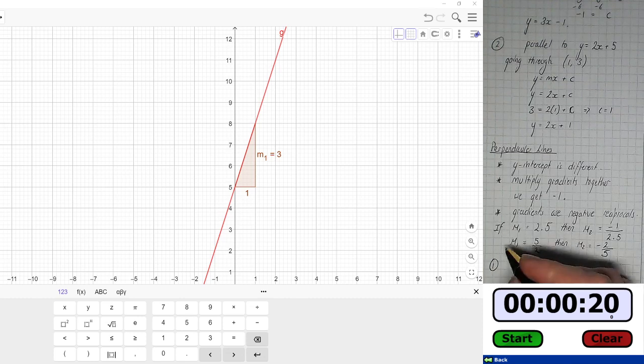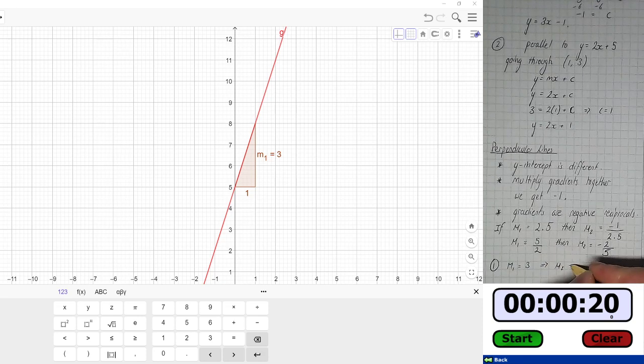If our first gradient is just 3, then our second gradient is going to be the negative reciprocal of that. It's going to be -1 over 3, which is reasonable enough to write. That's fine.